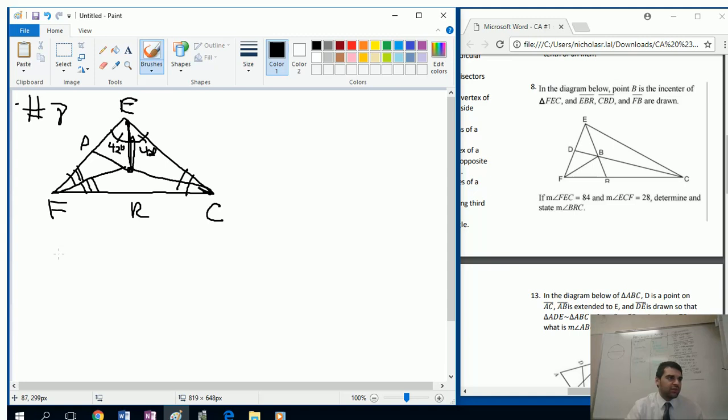Let's draw another triangle that's created here. We have E. We're going to have B, for E, B, R, as that relates to C. And obviously this is not to scale.